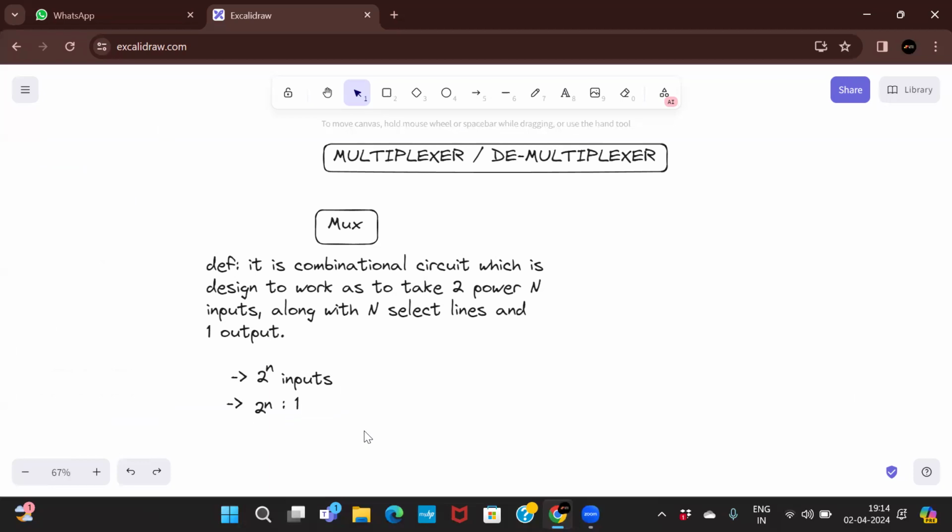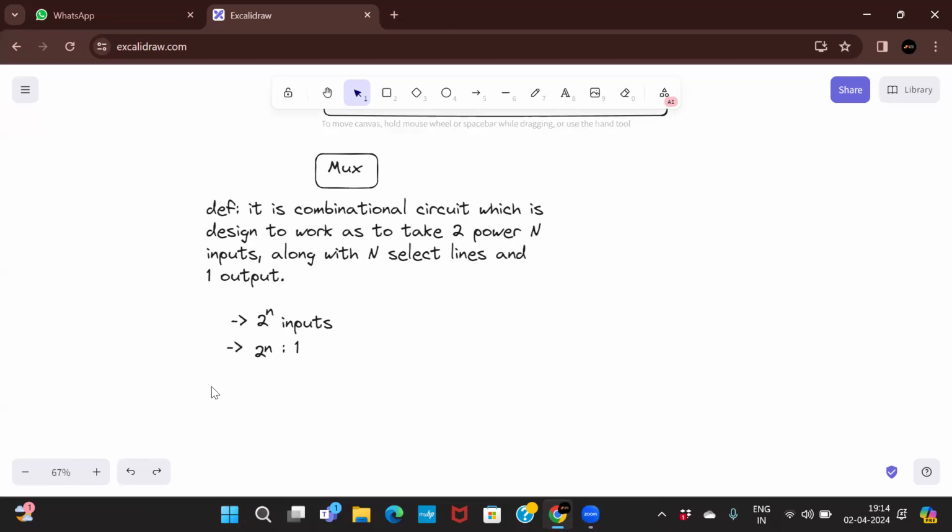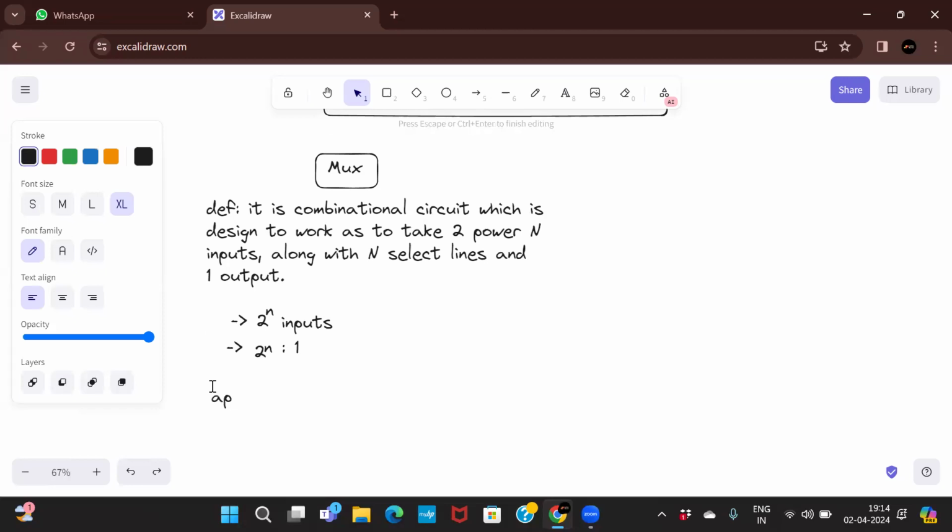That is 2 power n inputs and the output equals 1. So this is the basic definition and the working principle of mux.